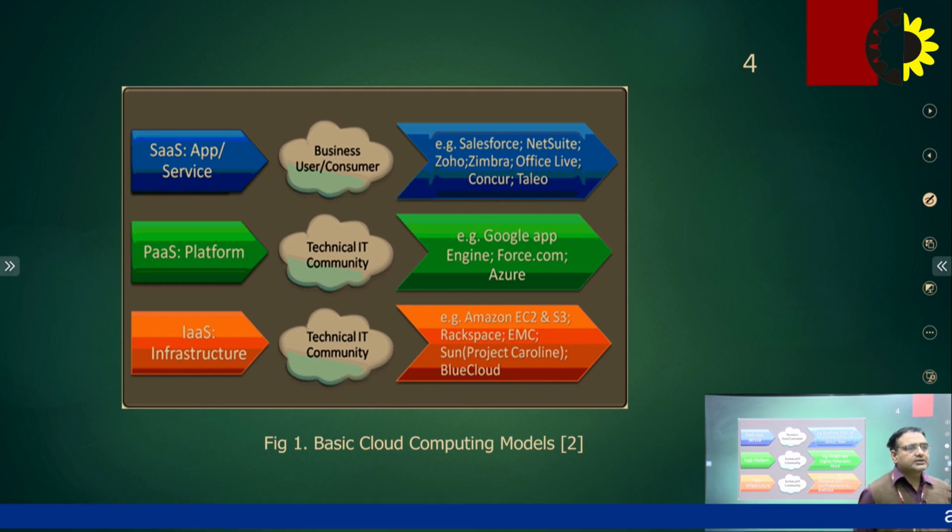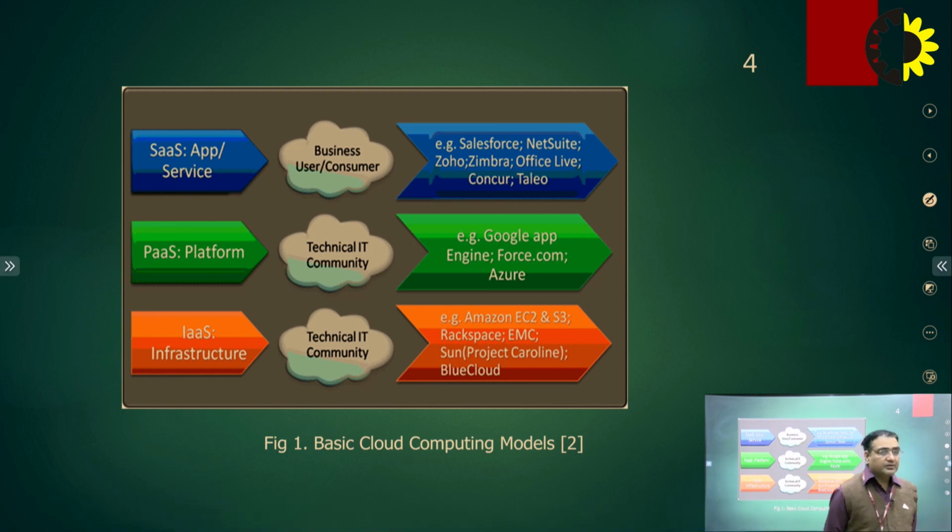Software as a service means application and services for business users and consumers. PaaS and infrastructure as a service are for the technical IT community. In SaaS we have Salesforce, NetSuite, Zoho, Zimbra, Office Live, Concur, Telio. In PaaS: Google App Engine, Force.com, Microsoft Azure, IBM Cloud, Oracle Cloud.